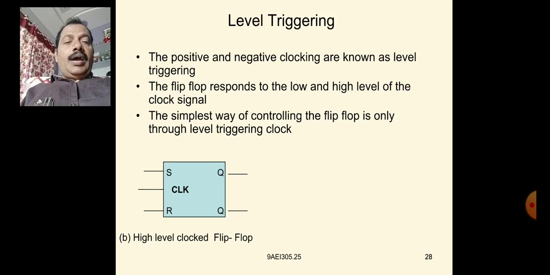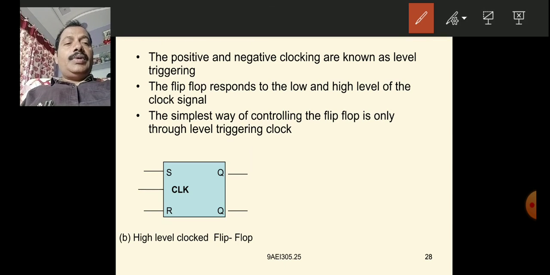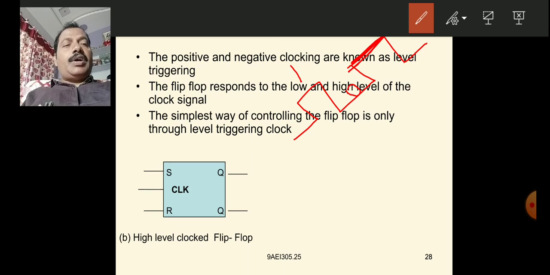This is the high level, the positive level, that means high level. Level means you see the clock signal. This is the clock. This is the positive level because it is 1. This is the negative level, 0. These are positive levels. This is also a negative level.